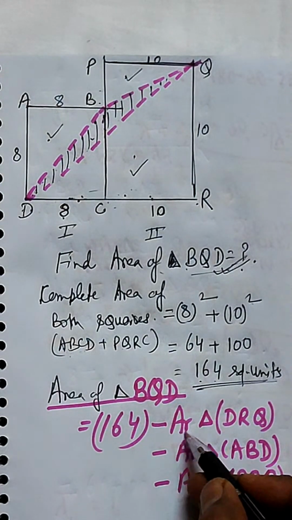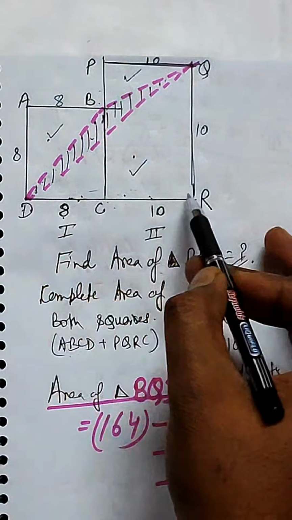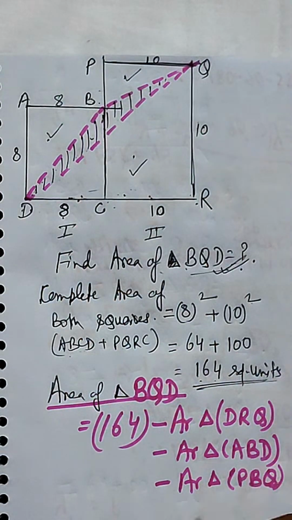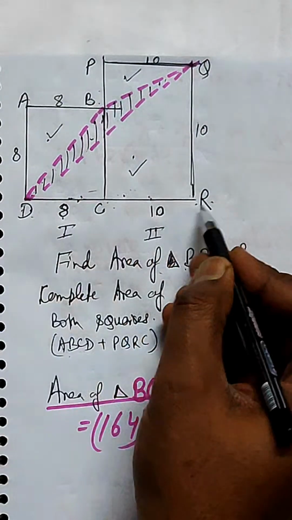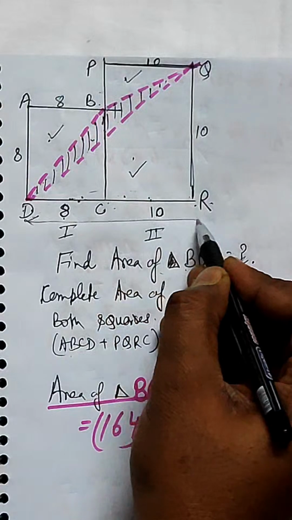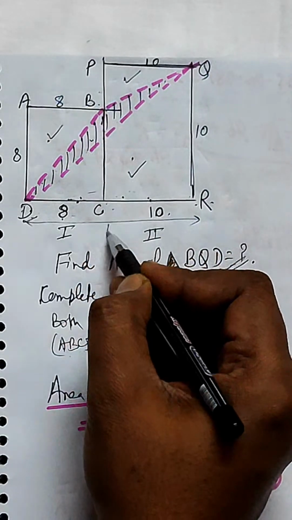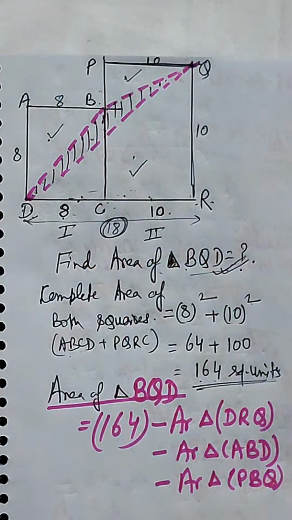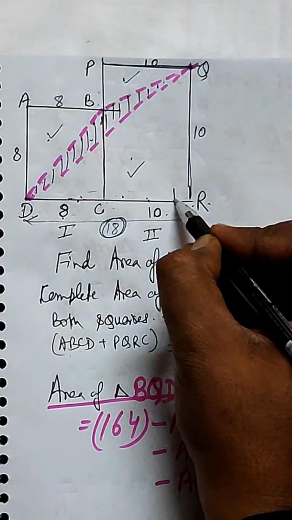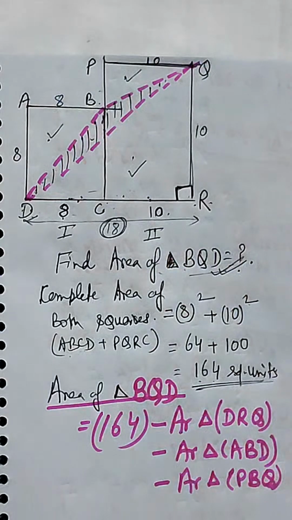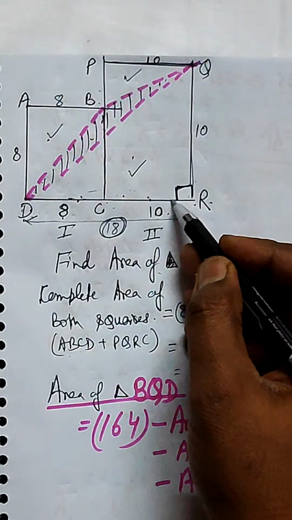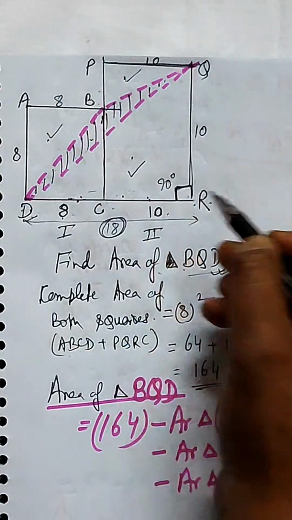We know that the area of any triangle is half into base into height. For triangle DRQ, if the base is DR, what is the length of this DR? 8 plus 10, that is 18. And what is the height? Since it is a square, this will be 90 degrees, because adjacent sides of a square are at 90 degrees.